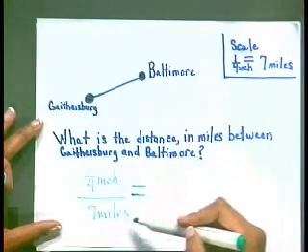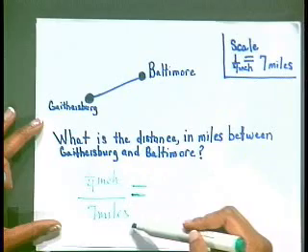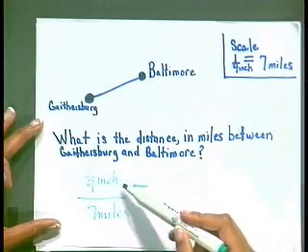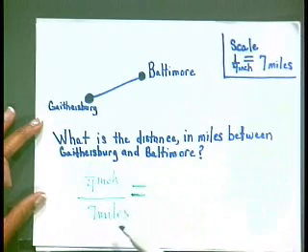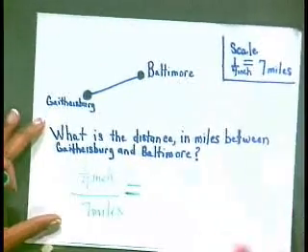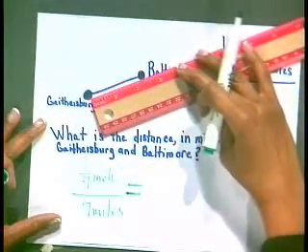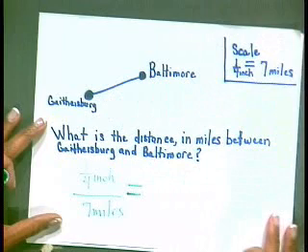If I look at my units, you need the same units on top as the same units on the bottom. So if I have inches on the top, I have to continue with inches on the top in my next ratio. If I have miles on the bottom, I'm going to continue with miles on the bottom. Remember, we measure with our ruler and we determine the distance on this paper between Gaithersburg and Baltimore is 2 inches.